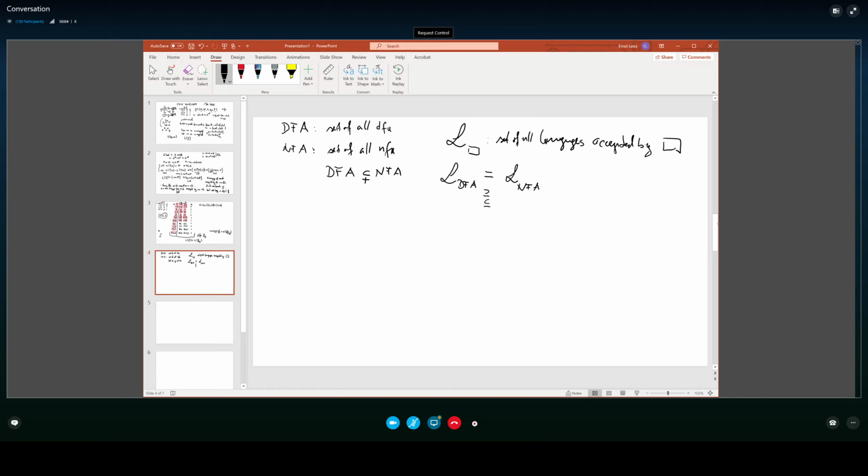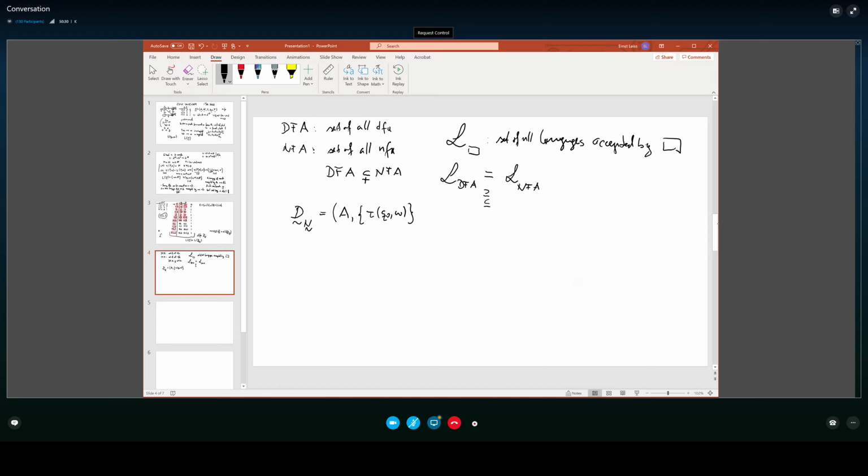So if you want to define D sub n, you have the same alphabet, and a set of states, which is basically tau of q sub 0 and w.